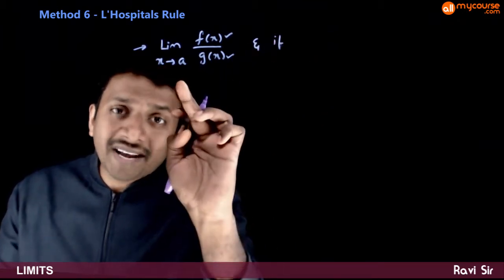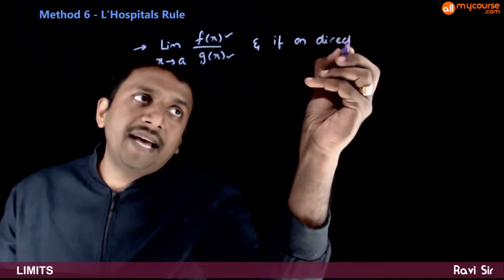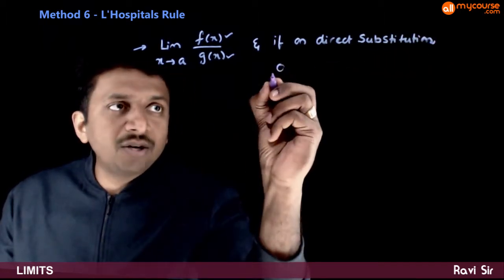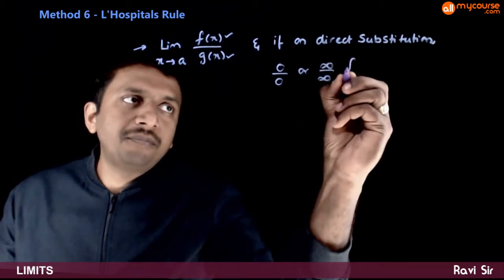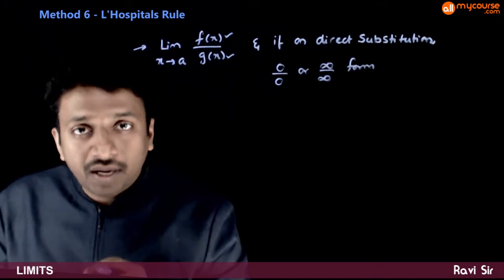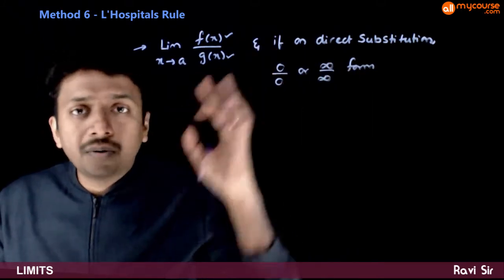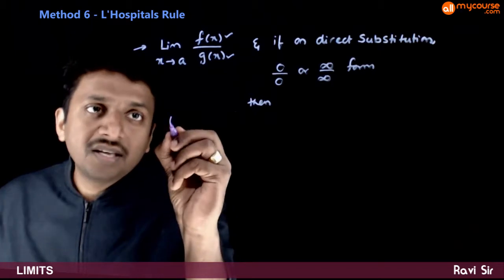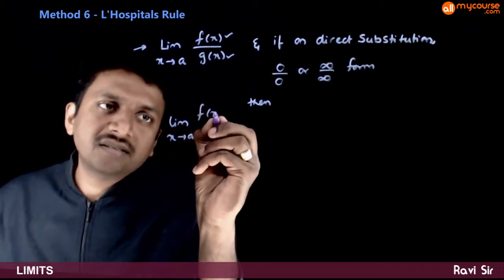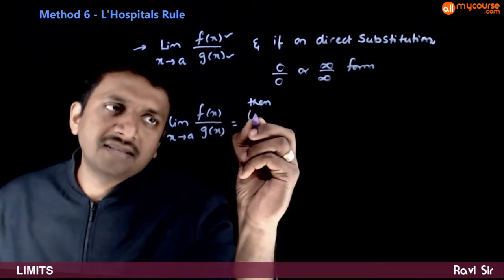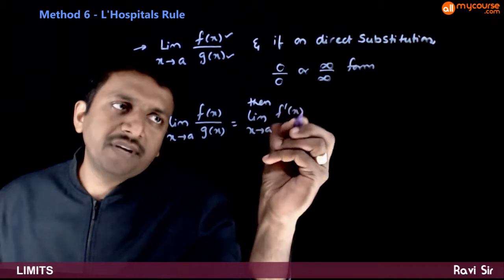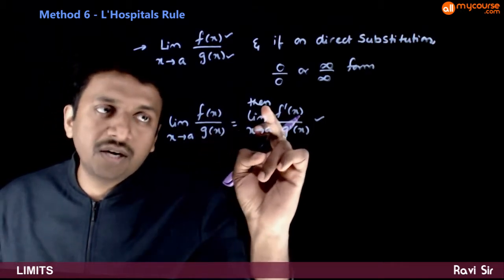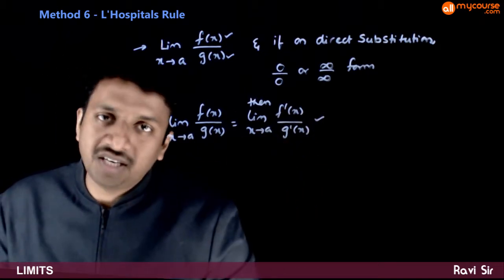If on direct substitution you get either 0 by 0 or infinity by infinity form, so on direct substitution, if you get the indeterminate forms of the form 0 by 0 or infinity by infinity, then what you can do is this: limit x tends to a f of x by g of x will be the same as limit x tends to a f dash of x by g dash of x.